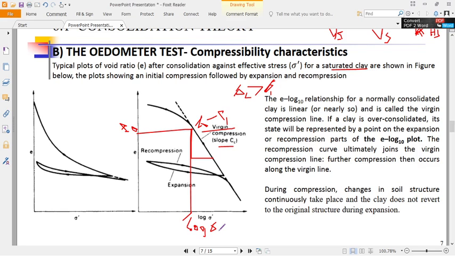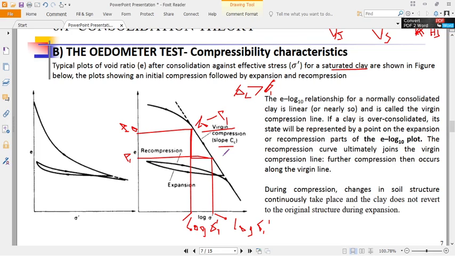This is e1, and this one stands for log effective stress 1. So how would you get a slope? The slope of this line will be e naught, change in Y, e1, divided by change in X.